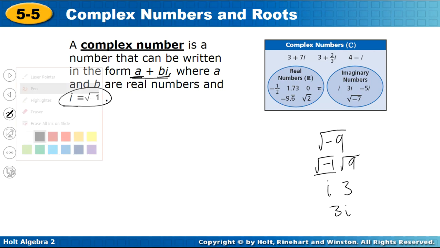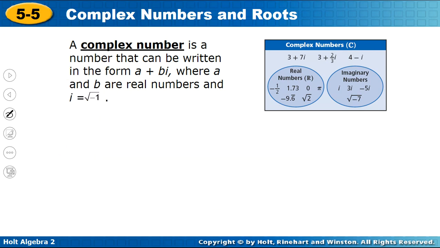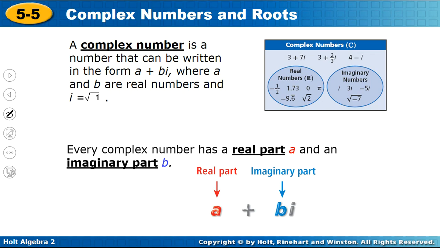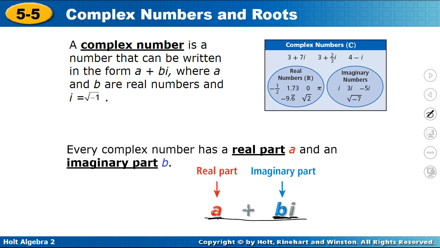So a complex number, it is called complex for a reason, I suppose, consists of two parts, a real part and an imaginary part. i is just the imaginary number itself, but the b is the imaginary part of the number, and a is the real part of the number.